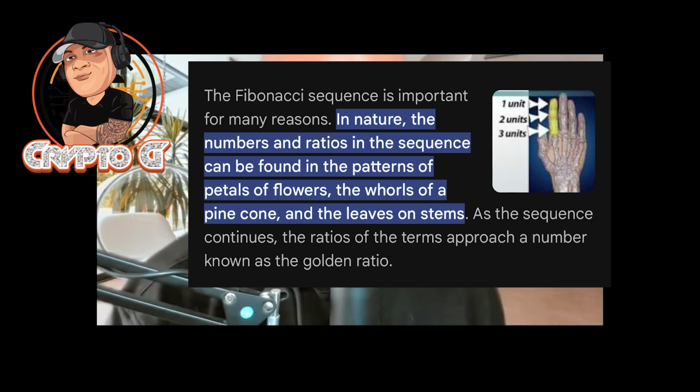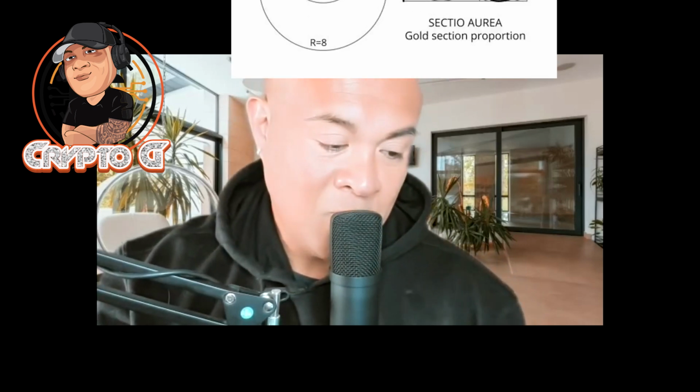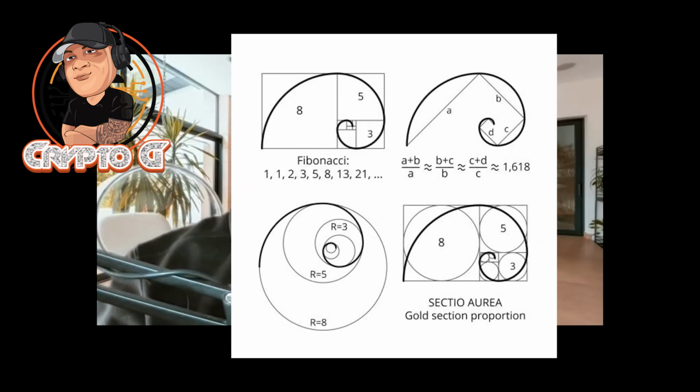As the sequence continues, the ratio of the terms approaches the number known as the golden ratio. And you've heard us talk about the golden zone, the golden ratio, the golden pocket, so many different terms in trading and in crypto, where we call the special area the golden zone.